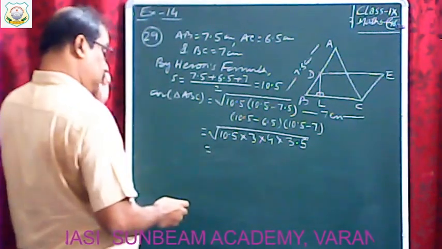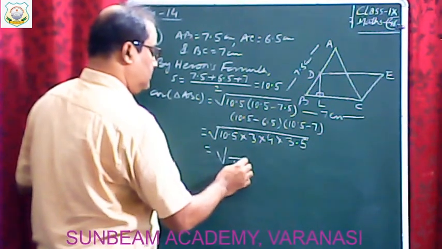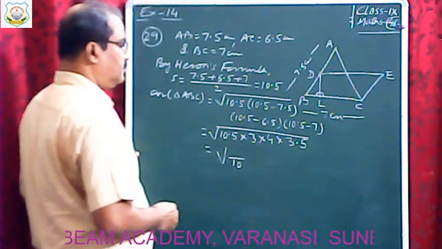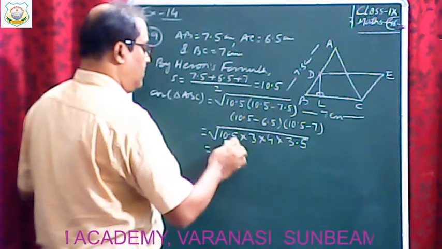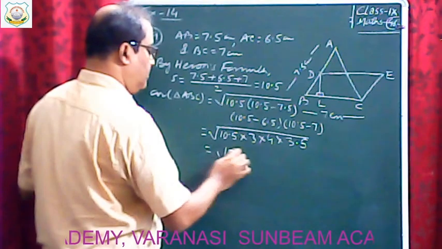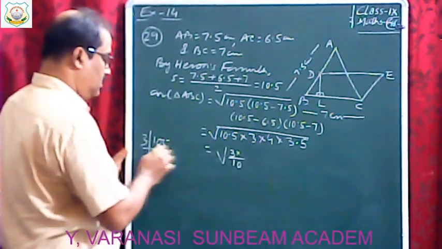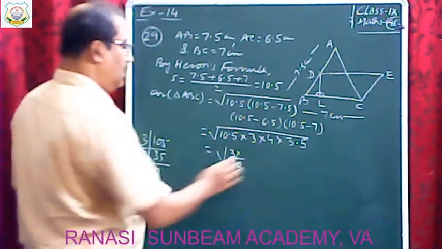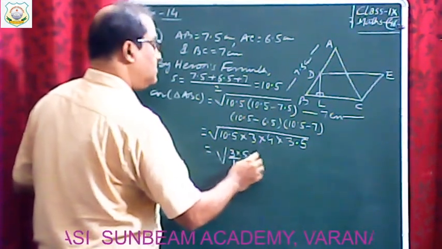Thereafter you have to remove the decimal. So 105, 3 3 are 9, 3 5 are 15, 5, 3 into 5 into 7.